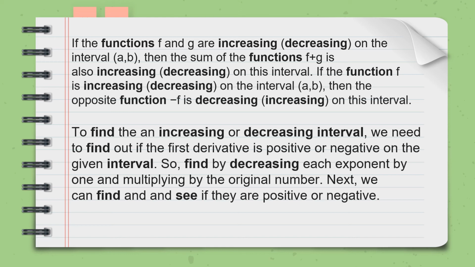To find the increasing or decreasing interval, we need to find out if the first derivative is positive or negative on the given interval. So find it by decreasing the exponent by 1 and multiplying by the original number. Next, we can see if the results are positive or negative.